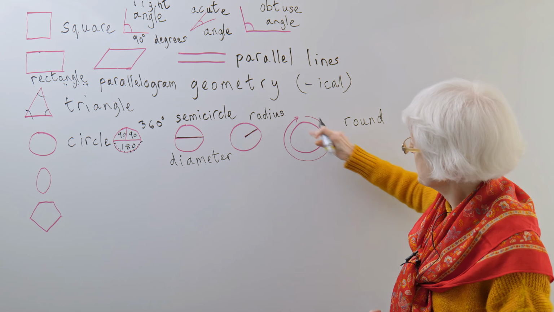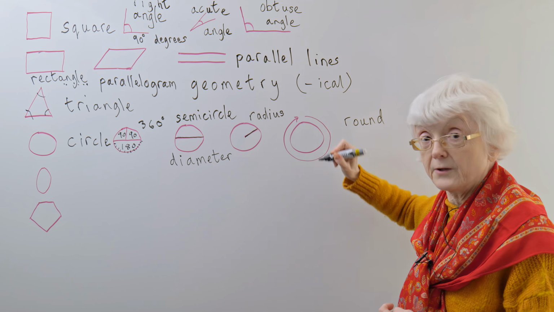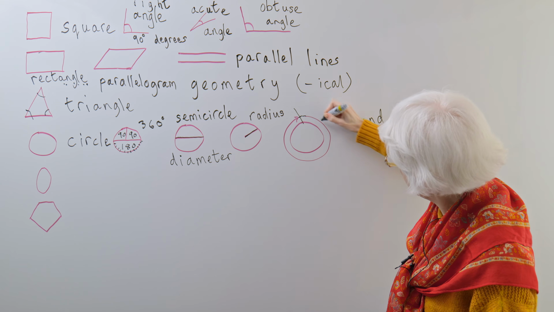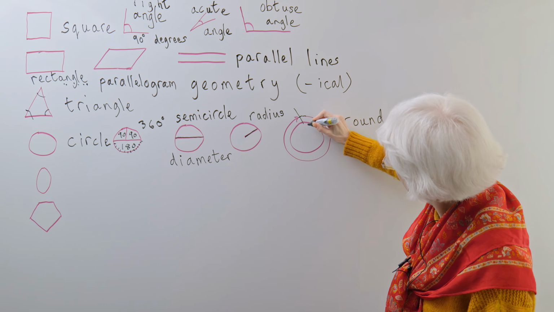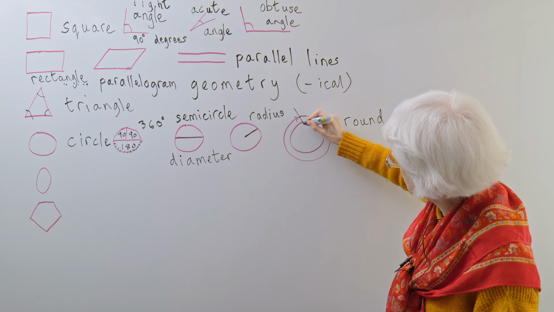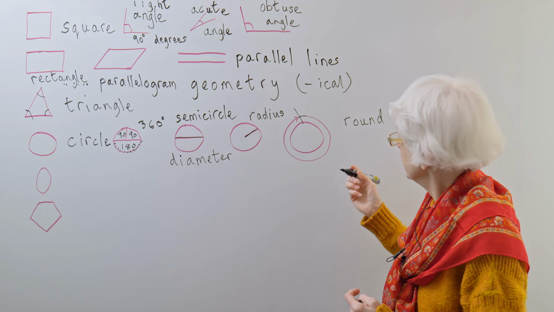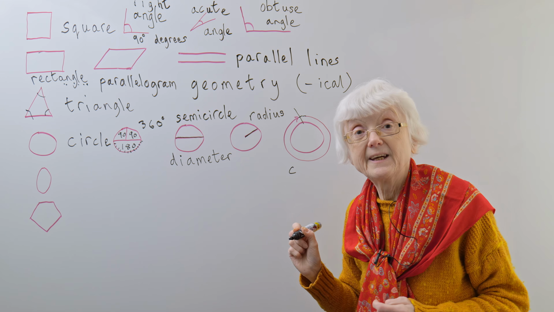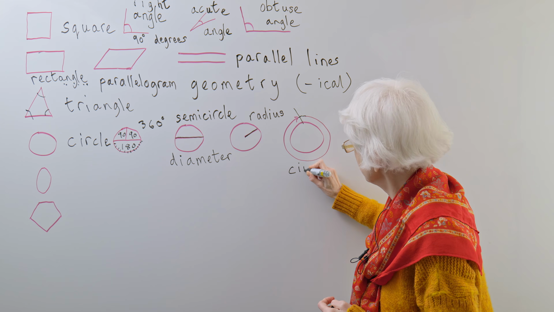And then here's another circle with, I want to measure the whole, well, all of it, not just to there. I want to measure the full measurement all around the outside of the circle. So that's another name which begins with a C. If you know that one, it begins like the word circle, circumference.